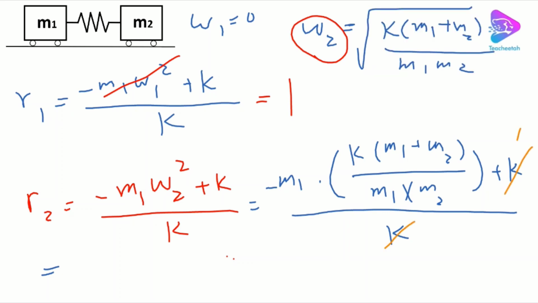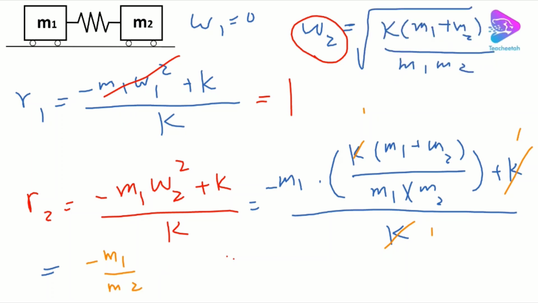So this is 1, this is 1. We factor out and simplify, and we can get minus m1 divided by m2.